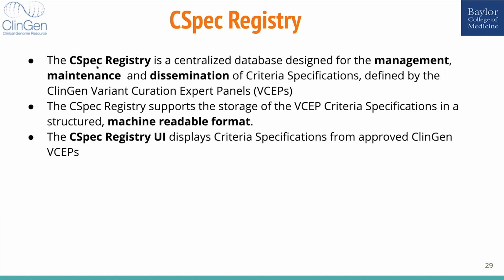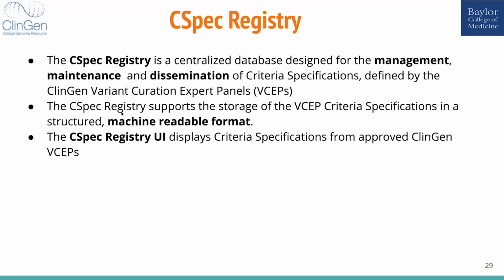So the C-Spec Registry is a centralized database designed for the management, maintenance, and dissemination of criteria specifications defined by the VCEPs. This is a very new tool, like 2 weeks old, and we are very excited to show that today. It's a limited release with some features. So that's why I said it'd be a very brief demo.